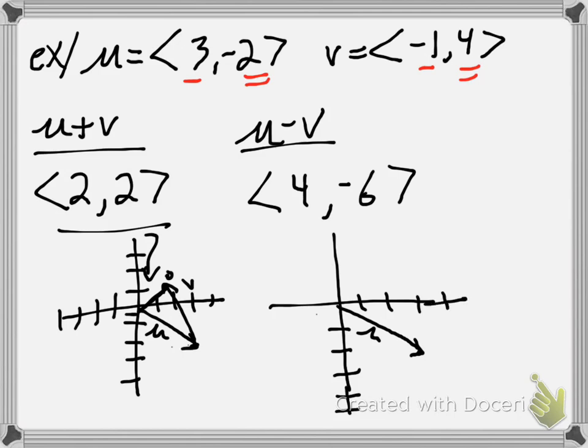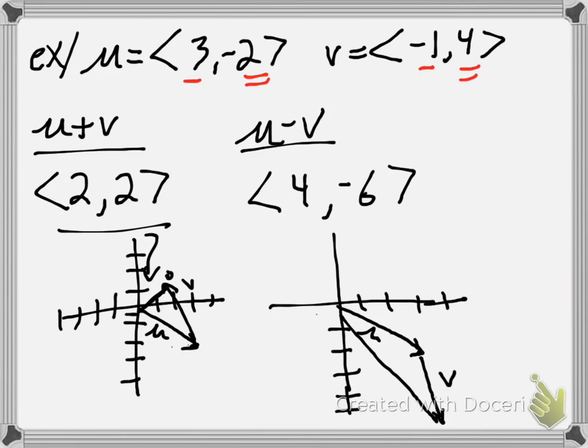Then we have to go down 4. 1, 2, 3. It's going to put us way down over here, a little bit past it. So there's our v value. It's basically a negative v that you're doing. If you connect those two, that right there is the subtraction of them. Like I said, I'm not going to make you do a bunch of those anyway. So, moving on.